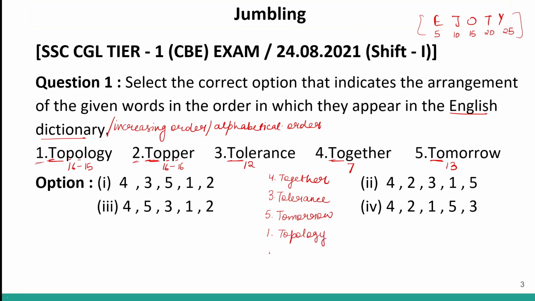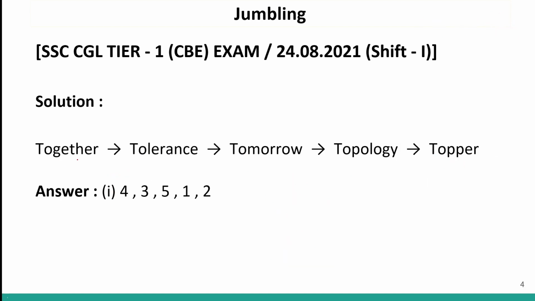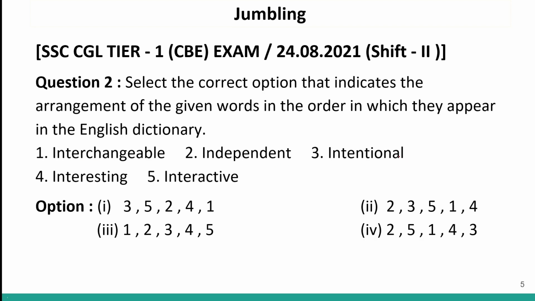And the next word after this will be topper. So the correct logical sequence will be 4, 3, 5, 1, 2, which is option number 1. So option number 1 will be your correct answer. Here you can see together, tolerance, tomorrow, topology, and topper.